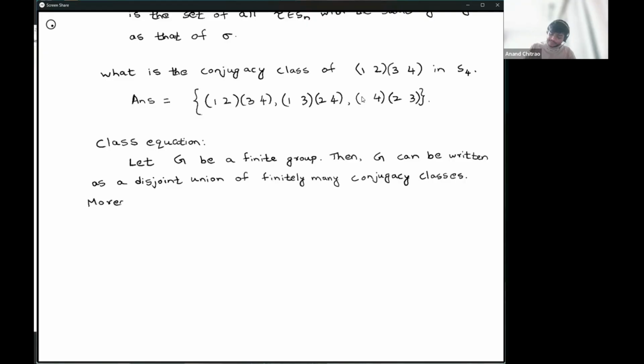And moreover, you have this equation that the order of G, usually denoted by mod G, is the sum of the index [G : C_G(g)], where the sum runs over representatives little g in G of all conjugacy classes.